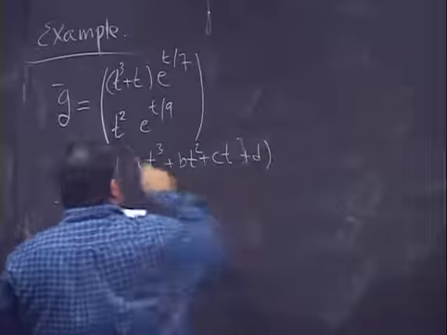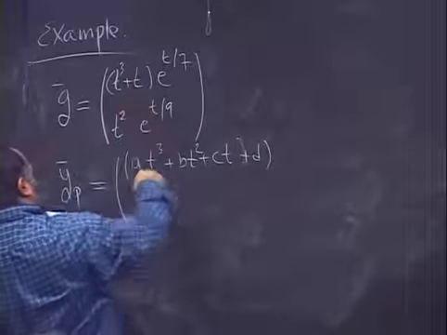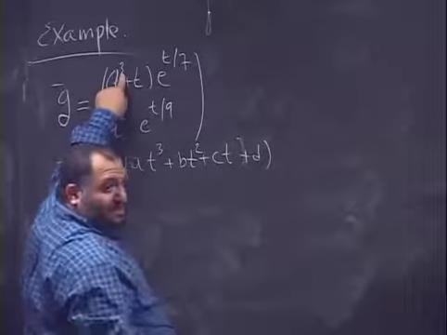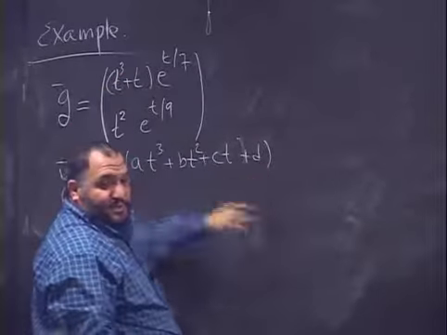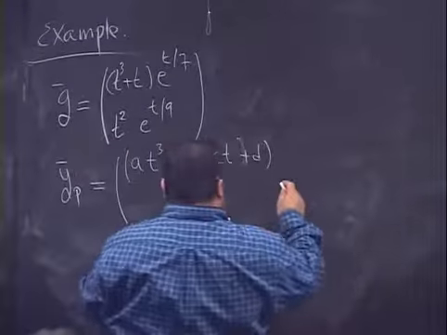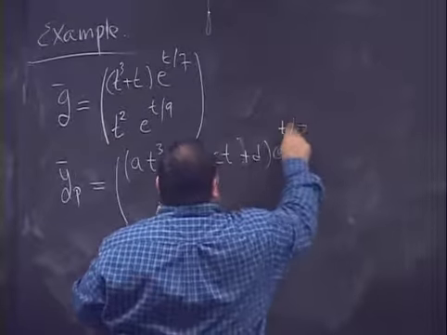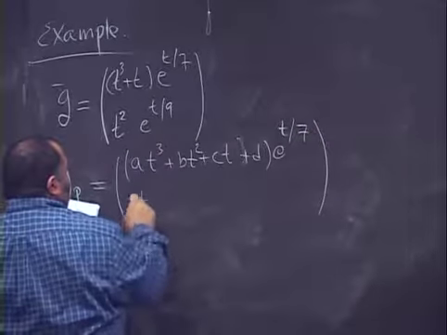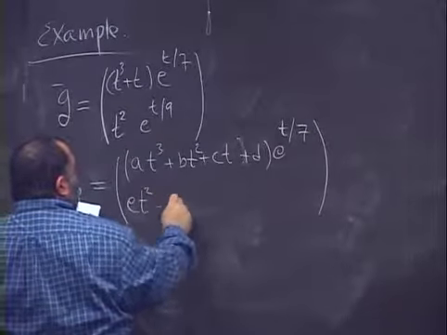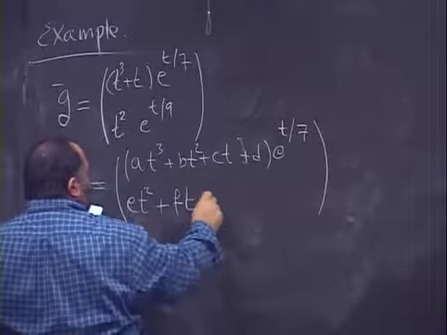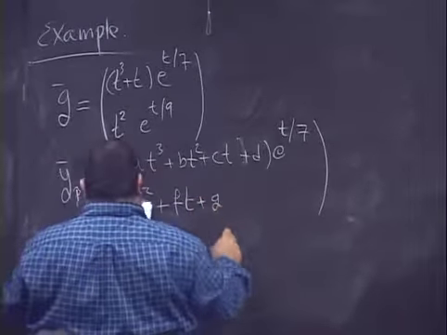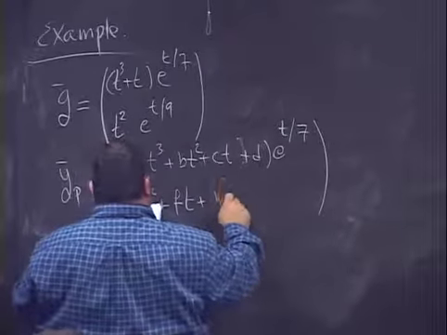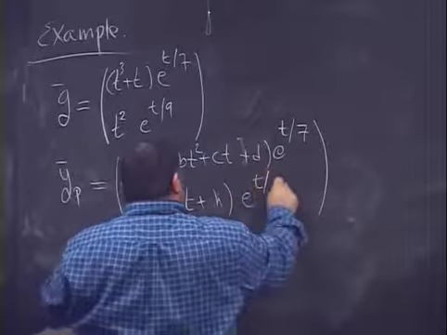This is a power solution. You have to include all the terms for the power solution from the highest up to the constant. Okay, guys? And this will be multiplied by what? e to the t over 7. And the other one will be what? e t squared plus f t plus g, or h, multiplied by e to the t over 9.